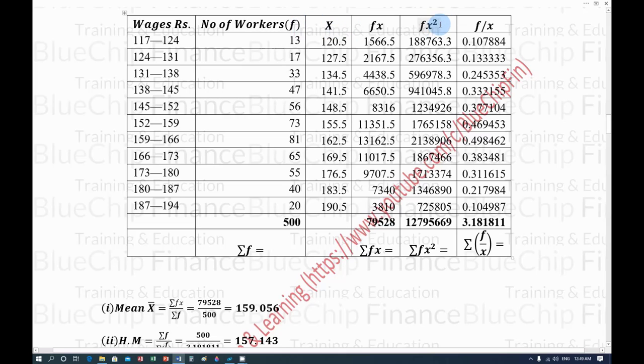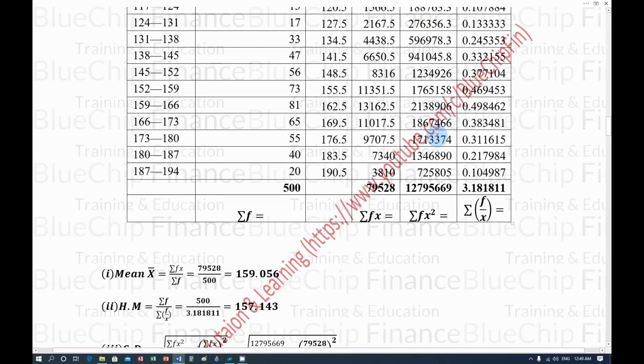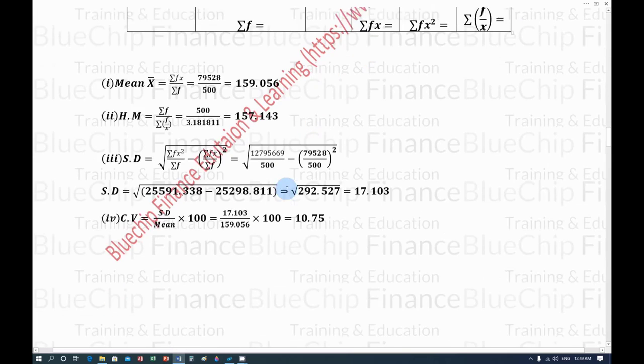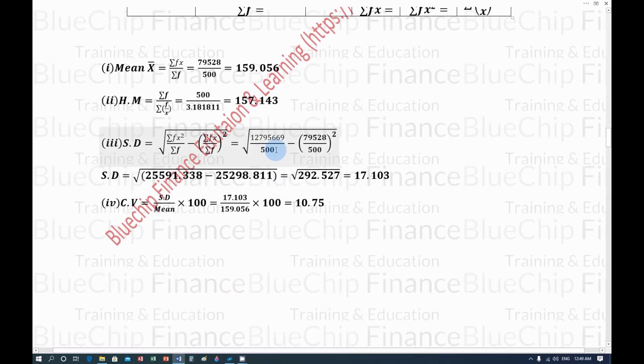It is very simple to calculate fx square through this formula: just multiply fx by x to get fx square. So the sum of fx square is 12795669, the sum of fx is 79528 and the sum of f is 500. Simply put all these values into the formula, and after the calculation your standard deviation will be 17.103.